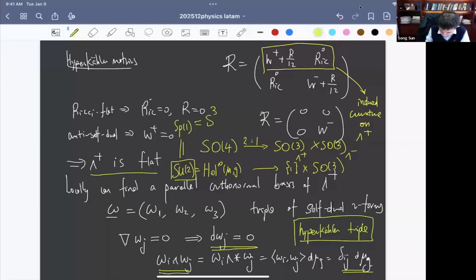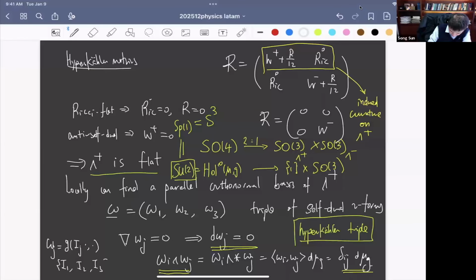And the complex structure, if you want the classical hyperkähler definition, each omega I is a parallel two-form, so it defines a complex structure. So omega j equals g composed with I j. Then it's I1, I2, I3.